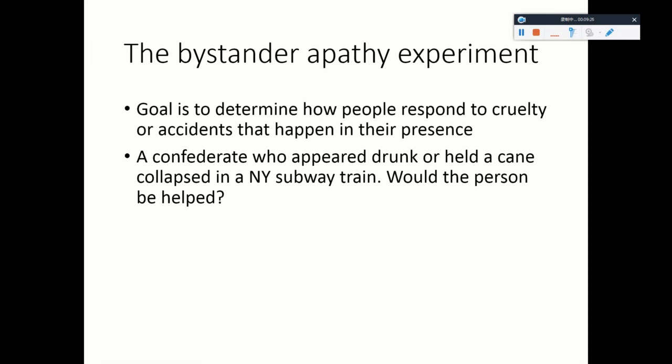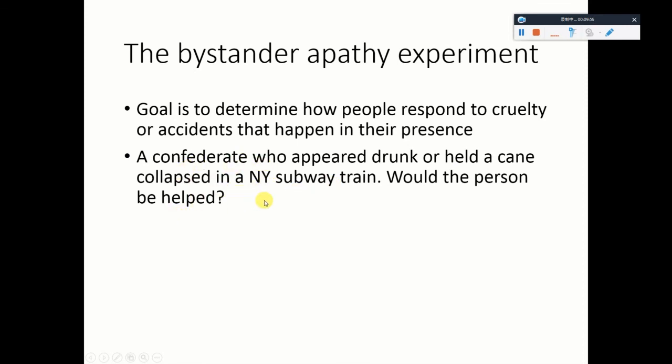They used a stooge or a confederate, someone who worked with the researchers. This confederate either appeared drunk or held a cane, and collapsed in a New York subway train. So the critical question is, would the public, without knowing who this person really was, would other passengers on the train help this person?